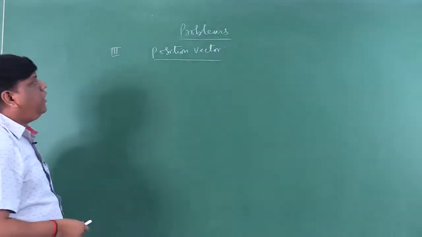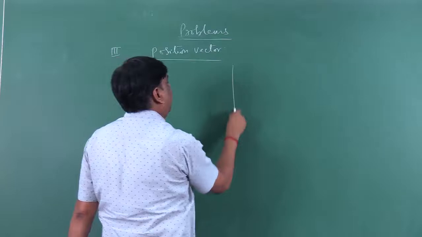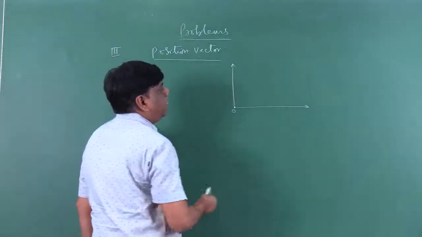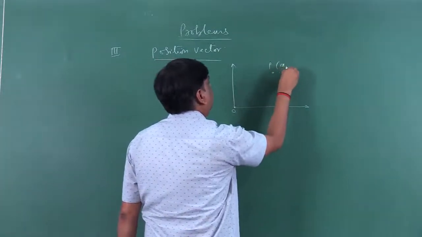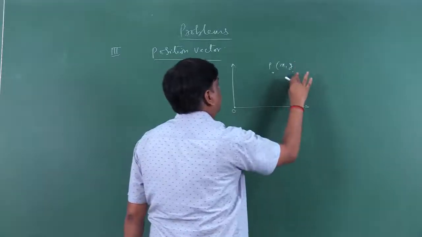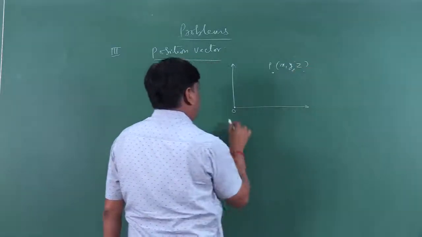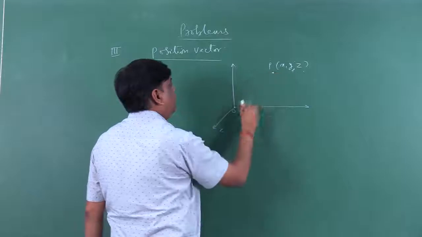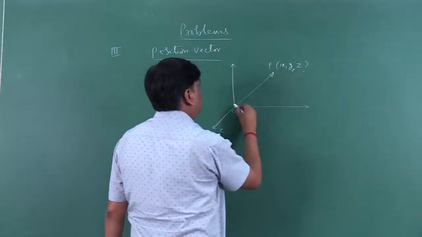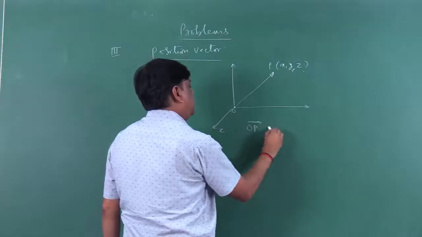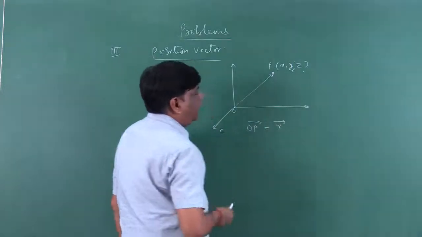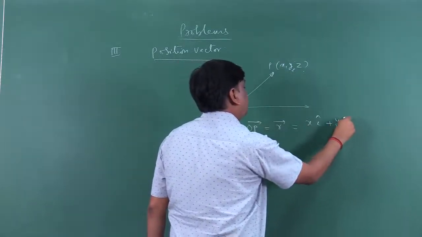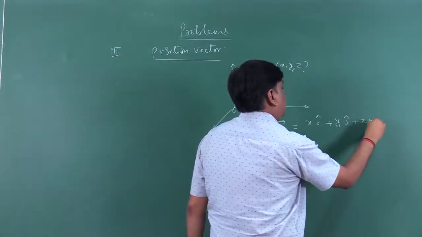Okay. So position vector, I already told you that if we know a coordinate axis and an origin, and if the coordinate of a point is x, y, or let us say in general it is x, y, z, if we take the z axis also, then a vector joining from the point O to the point P, this OP vector is called the position vector, which is also represented by vector r, and that is nothing but the x coordinate written with i cap, the y coordinate written with j cap, and the z coordinate written with k cap.